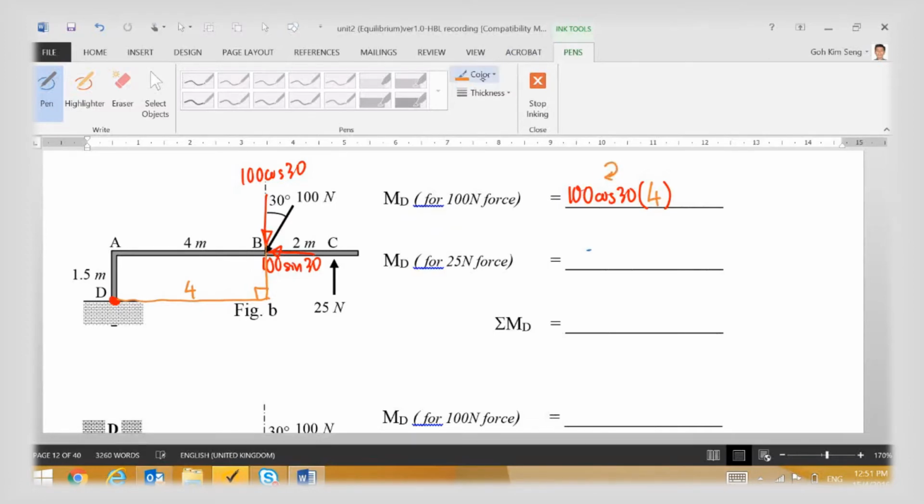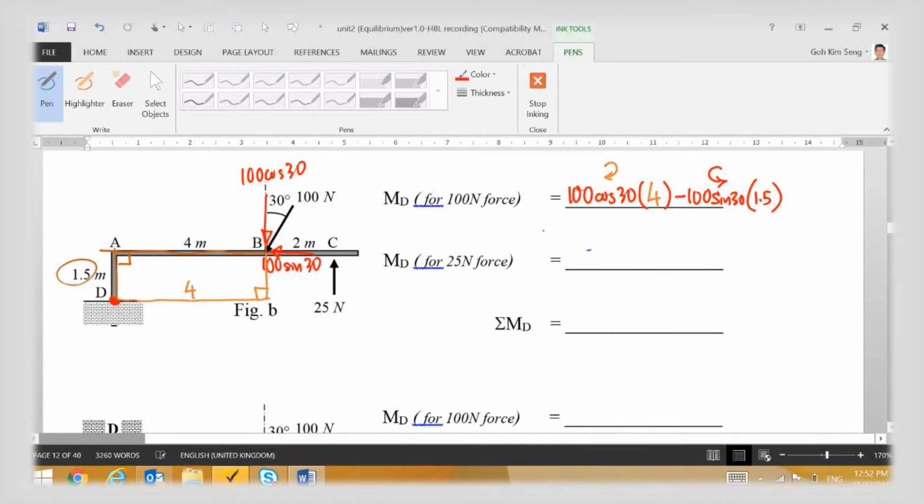Now the second component, 100 sin 30. If you were to produce this line of action, you find that the perpendicular distance from point D is 1.5. So we're going to put 100 sin 30 times 1.5. This is going to be an anti-clockwise moment.